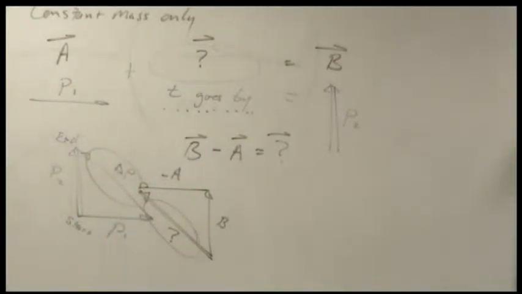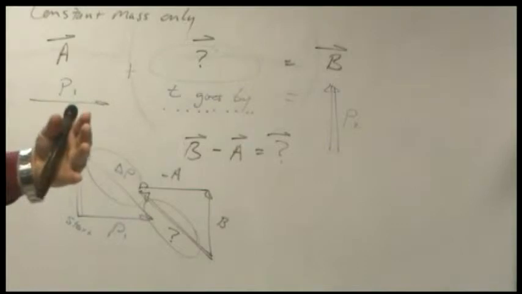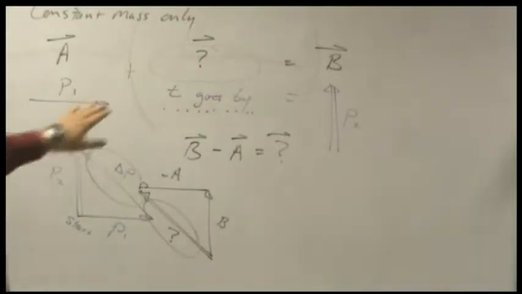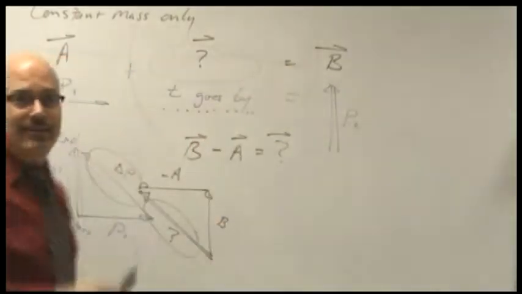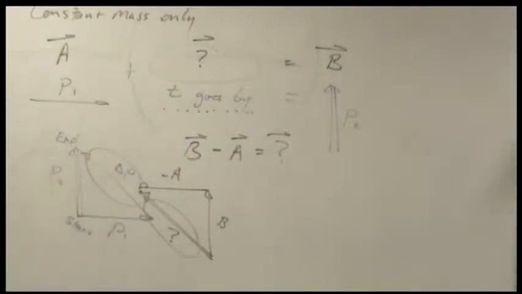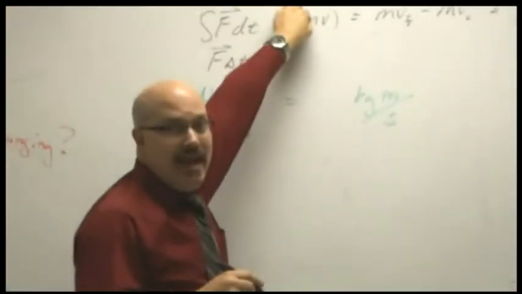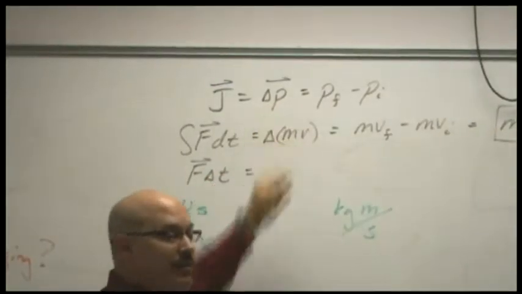Either think of it as algebra, the final vector minus the initial vector gives you how much it changed, or you can think of it as, what do I have to add to the first vector to give me the last vector? Either way, you get the same result. So just be aware, everybody, this is the direction of the change, not the original, not the final.